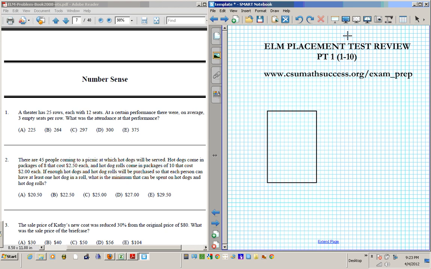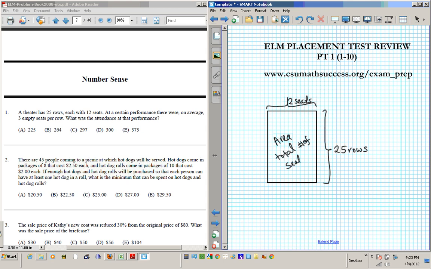So we have 25 rows, going down the side, and we have 12 seats in each row, going side to side like this. So you have the seats like this, and you have the rows going across. Basically, the area covered by these 2 dimensions is the total number of seats.